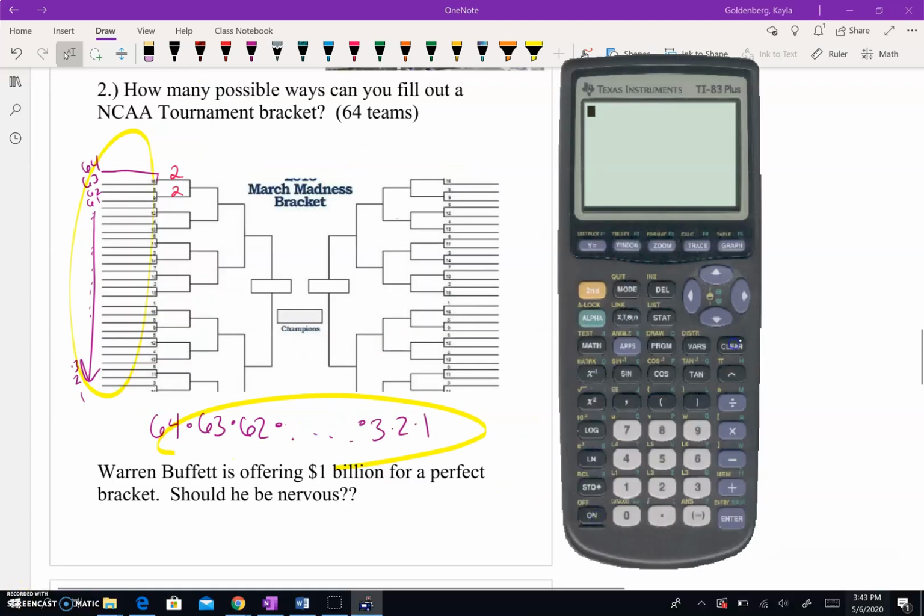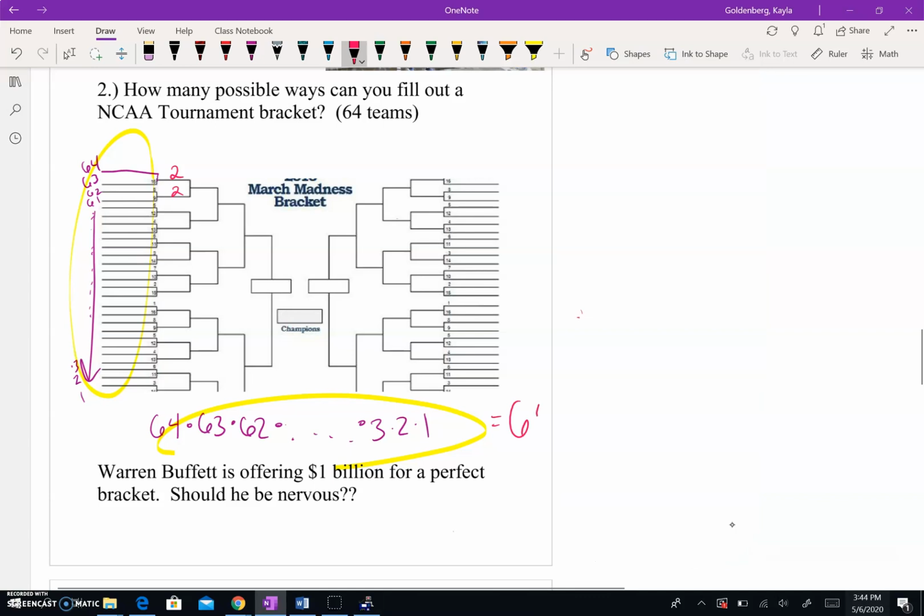Okay, so with our graphing calculator, if I want to do 64 times 63 all the way to 1, there's a cool shortcut. If I do 64 and then press math, I'm going to arrow over to what's called probability. I'm going to scroll down to this exclamation point here, the 4th option. Press enter, and press enter one more time. That is representing doing 64 times 63 times 62 and so on. It's called 64 factorial.